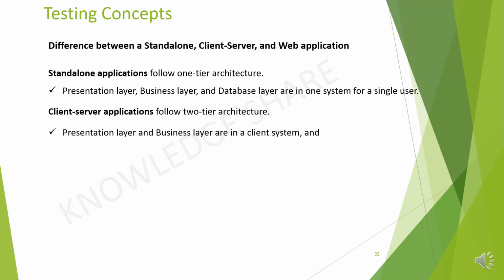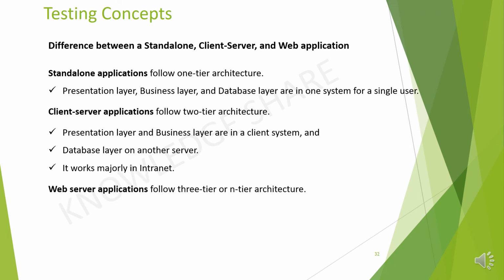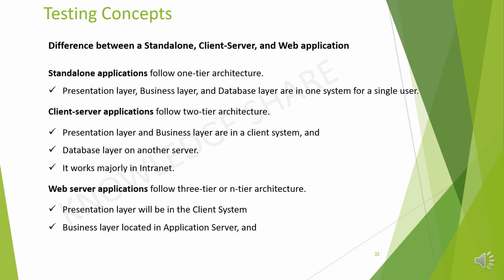Presentation layer and business layer are in a client system and database layer on another server. It works majorly in intranet, whereas web server applications follow three-tier or n-tier architecture. Presentation layer will be in the client system, business layer located in application server and database layer is in a database server. It works both in intranet and internet.